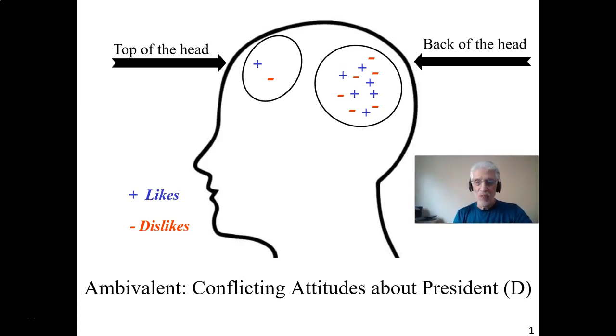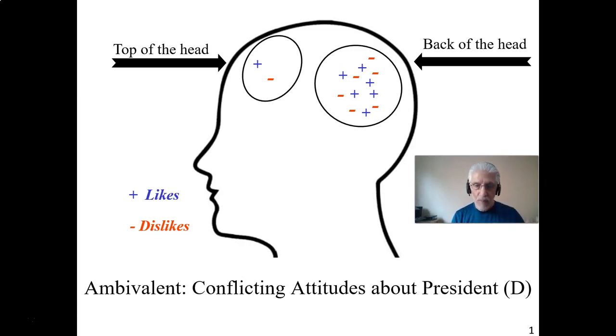In the back of this person's head, they have more information stored, but keep in mind that information in the back of the head is harder to access from memory. In this case, they have 6 things that they like about the president and 6 things they don't like about the president. That's why we call this person ambivalent, because they have conflicting attitudes about the president, who in this particular example is a Democrat.